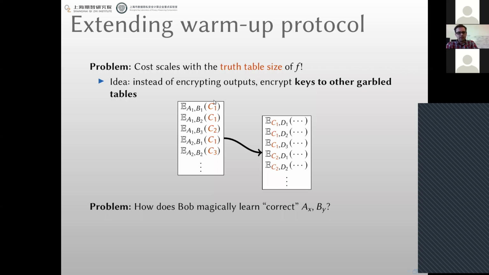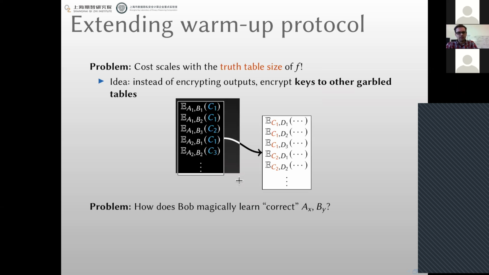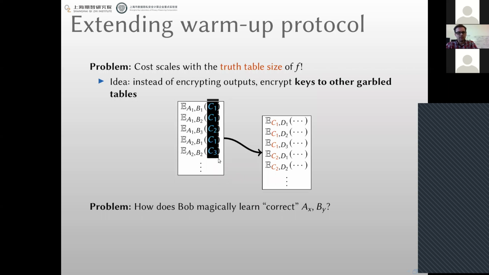A better idea is you encrypt the keys to other truth tables. So here, using these keys for A and B, we encrypt intermediate values, which are keys, and then we use those keys to encrypt another table, and we can chain these things together. And that's what allows this to work.